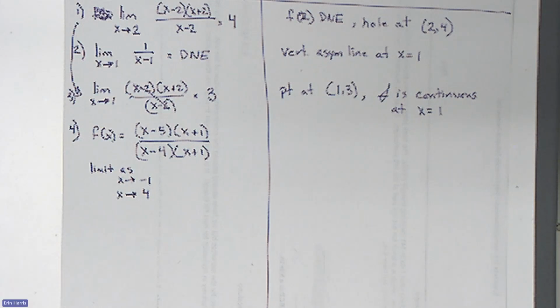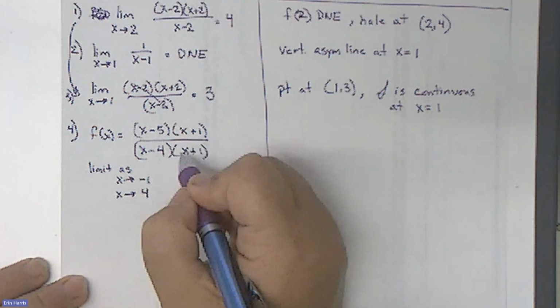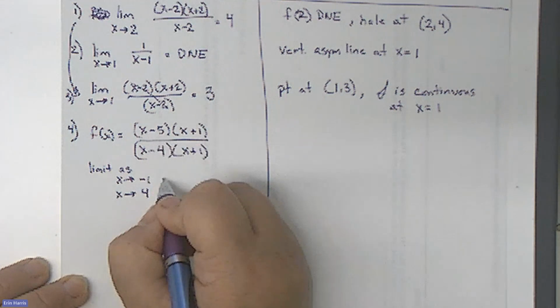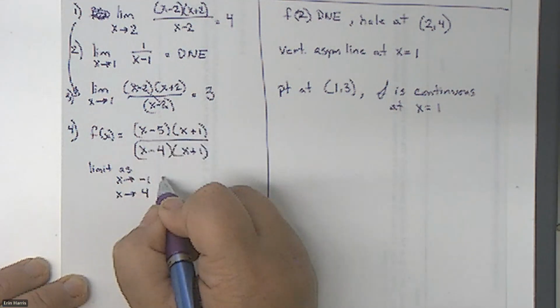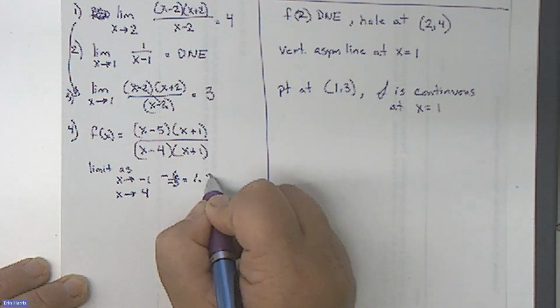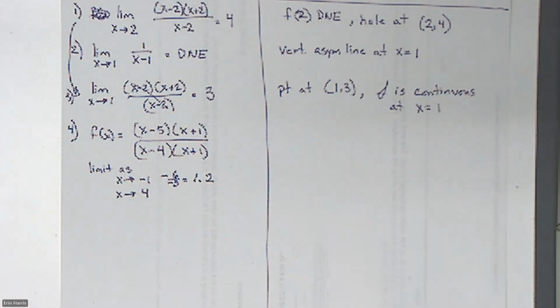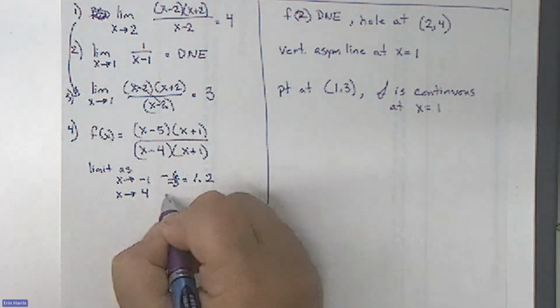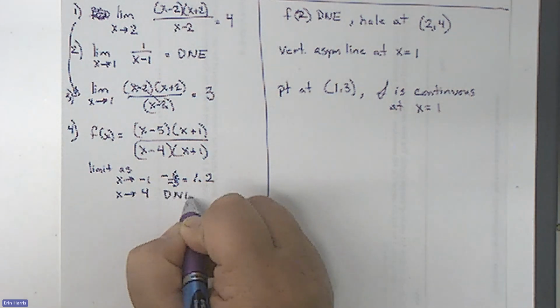Last night's homework was all about graphing the function, looking at the table of values, changing x by 0.001, and seeing what's happening close by. I hope you noticed that the limit did exist when x was -1. It ended up being -6 over -5, which is 1.2. And the limit at 4 did not exist.